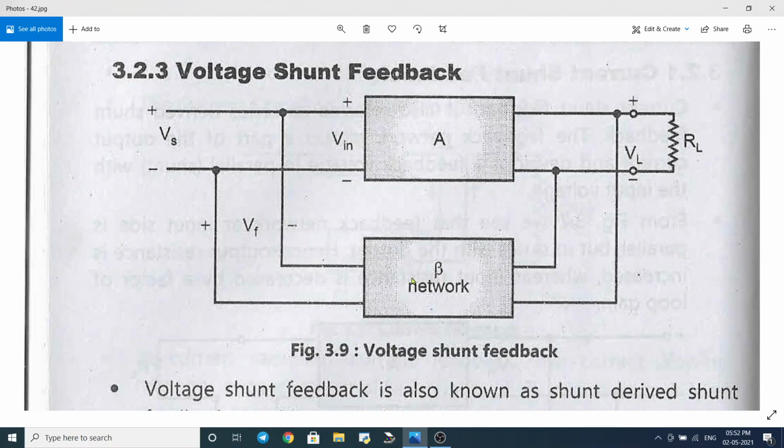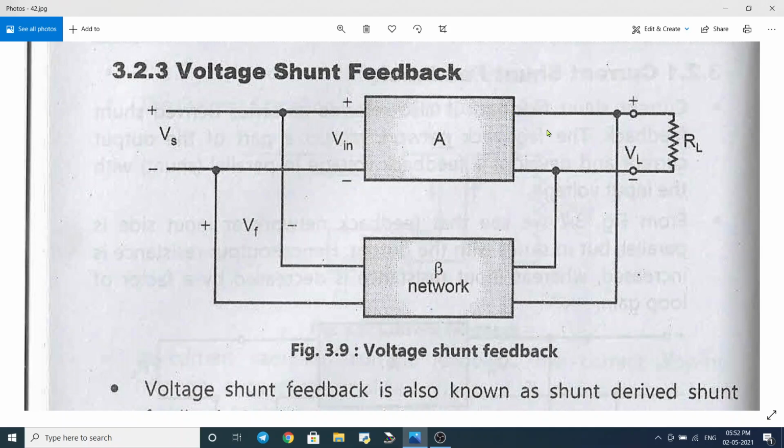And depending upon the type of mixing, we have shunt mixing. Shunt means parallel. This is the parallel injection. The feedback voltage is in parallel with the input voltage. And we know, when both are parallel, what will happen?